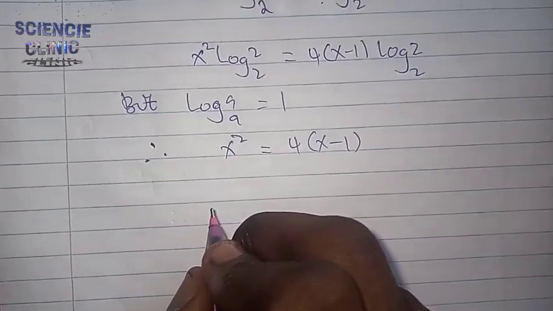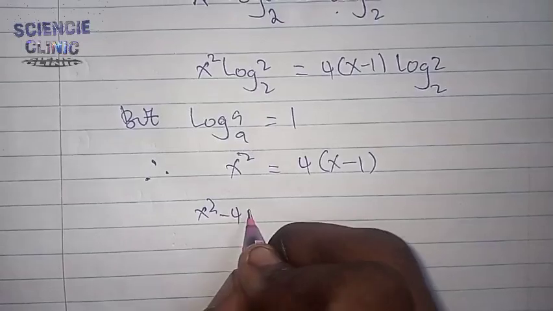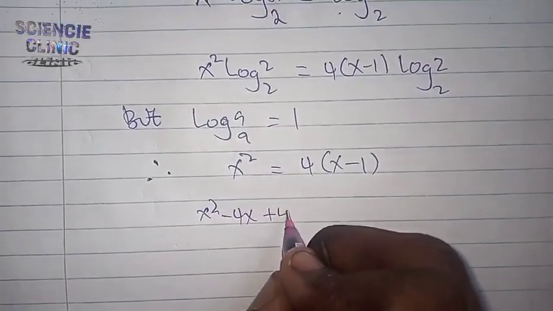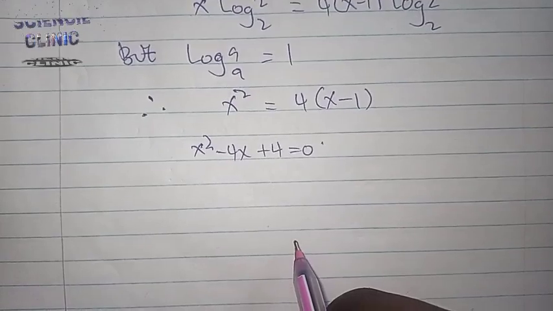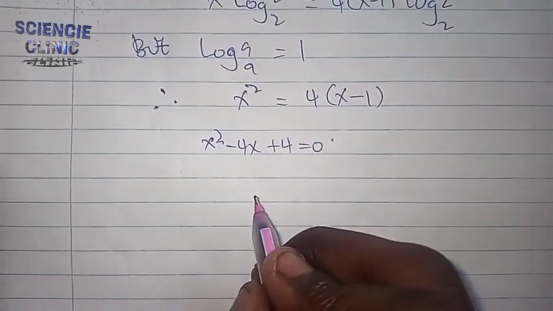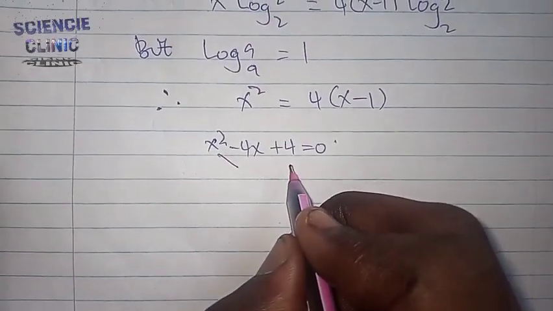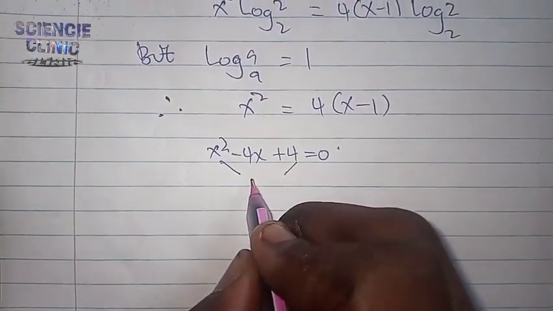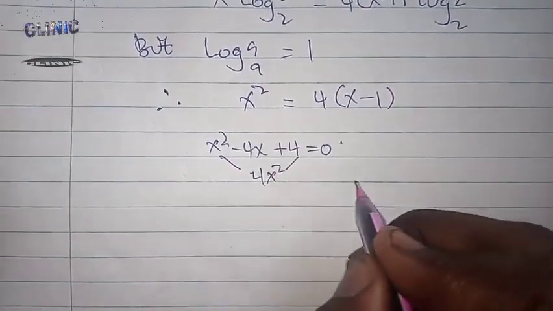So you are going to get a quadratic equation, which is x squared minus 4x plus 4 equals 0. Now you can proceed solving this equation either by using sum and products or by using what? If I multiply this with this, I'm getting x squared.